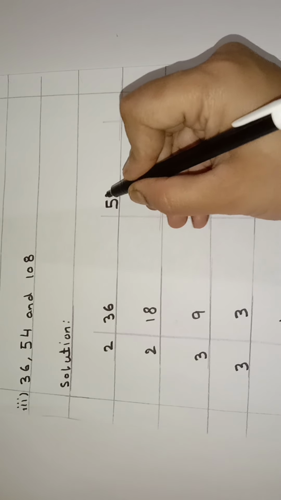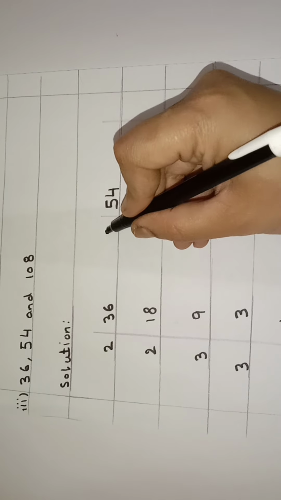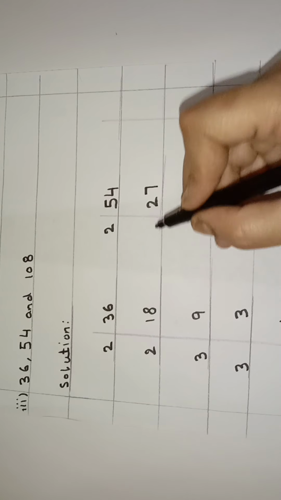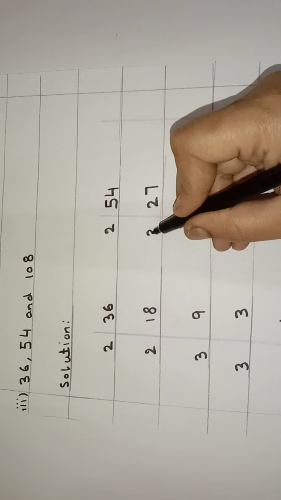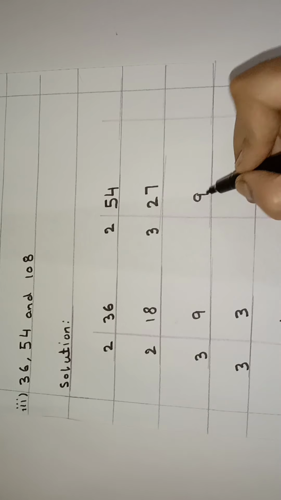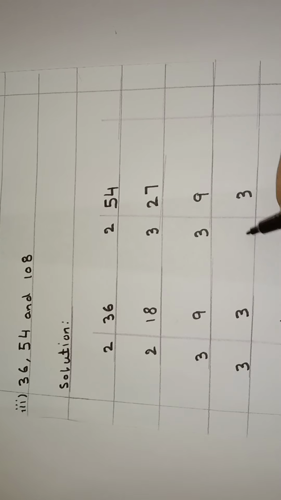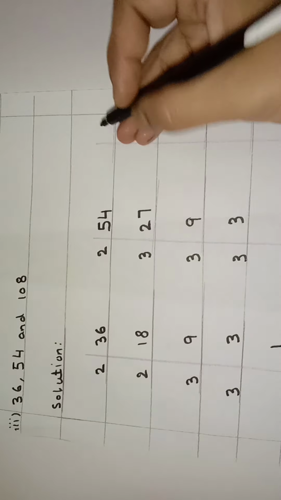The last digit is even, so start with the 2 table. 2 twos are 4, 2 sevens are 14, 3 nines are 27, 3 threes are 9, 3 ones are 3. Again 108.